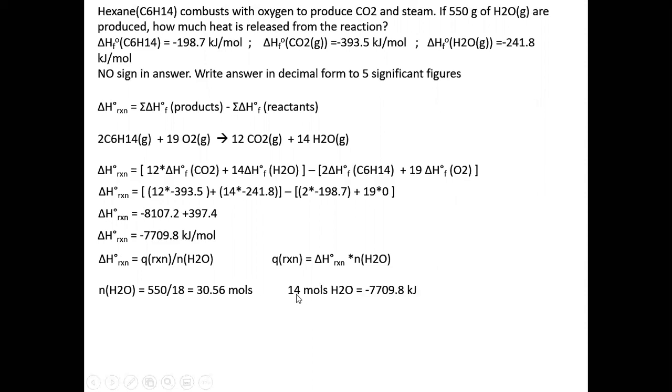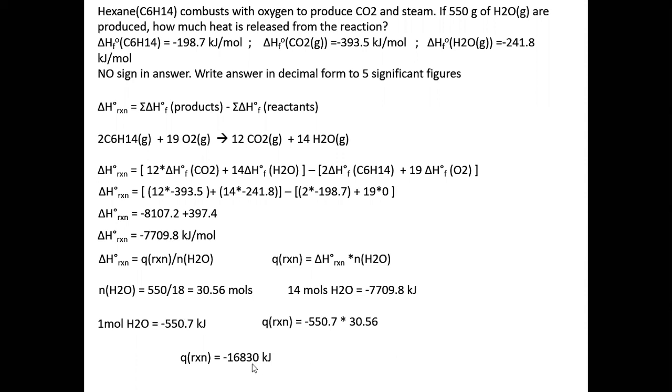And so we know that 14 moles of H2O produce this much heat, and we get that from the balanced chemical equation. So 1 mole of H2O produces negative 550.7. So if 1 mole of H2O produces this, and we have 30.56 moles, well, then we can calculate how much heat is released.